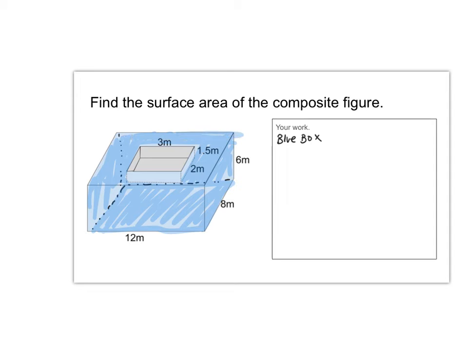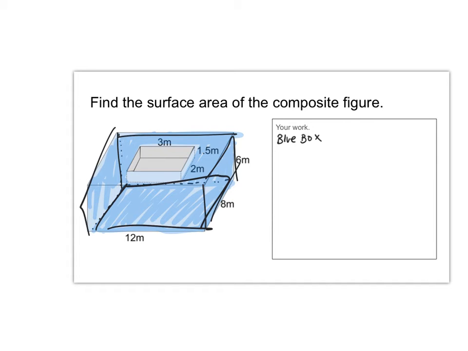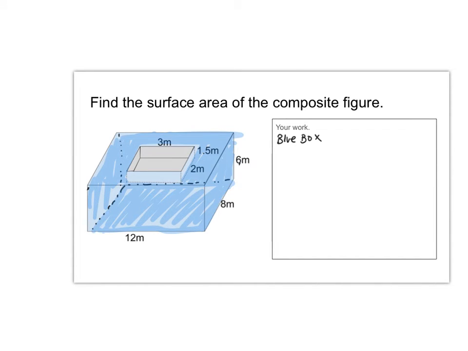But from the top base, I'm going to have to subtract the hole, right? So that's what I'm looking at here. The bottom, and then the lateral faces, and then the top minus the hole. Okay, that's kind of messy. But you get the idea. That's the plan.